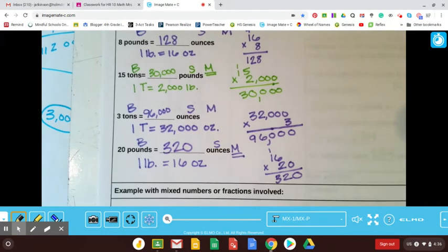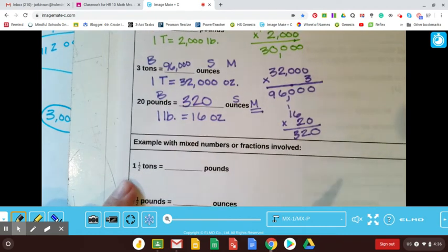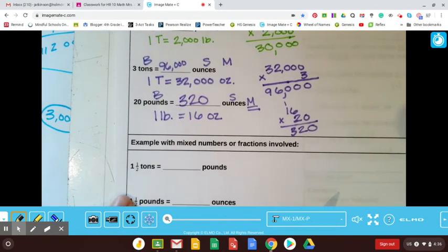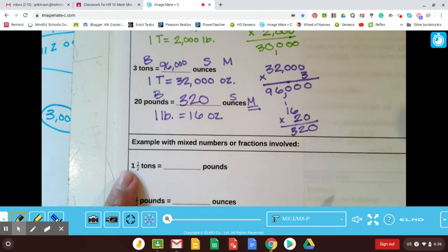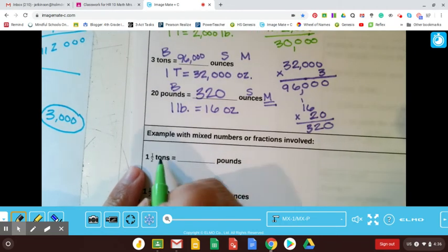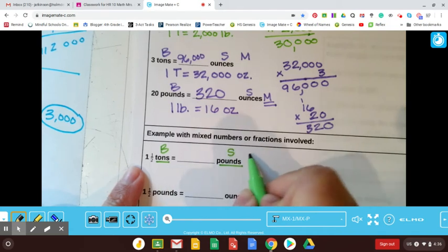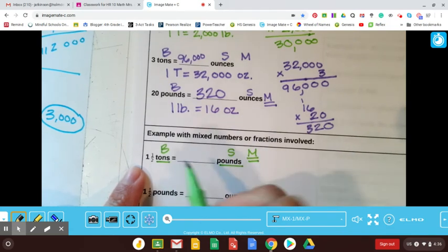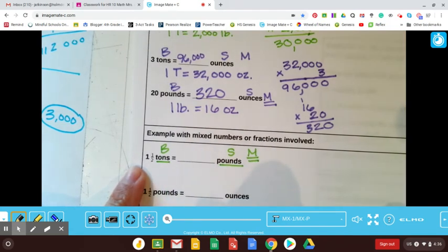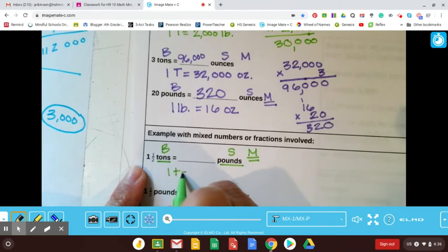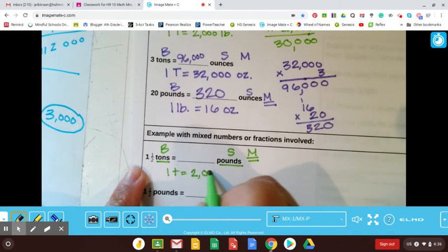All right, now we're going to try some examples where we have fractions and mixed numbers going on. Okay, again, I know it's a little bit more difficult, but really it's the same exact thing that we're doing. All right, we're doing tons and pounds. We're going from a bigger to a smaller, multiply, right? Big silly monkeys. So we know that 1 ton equals 2,000 pounds.